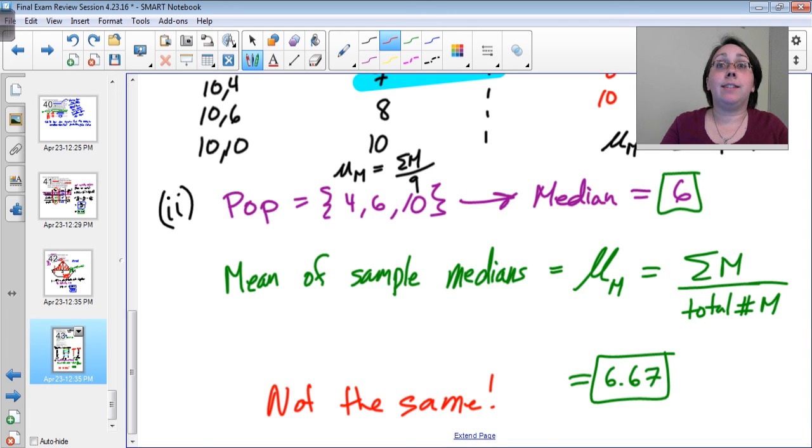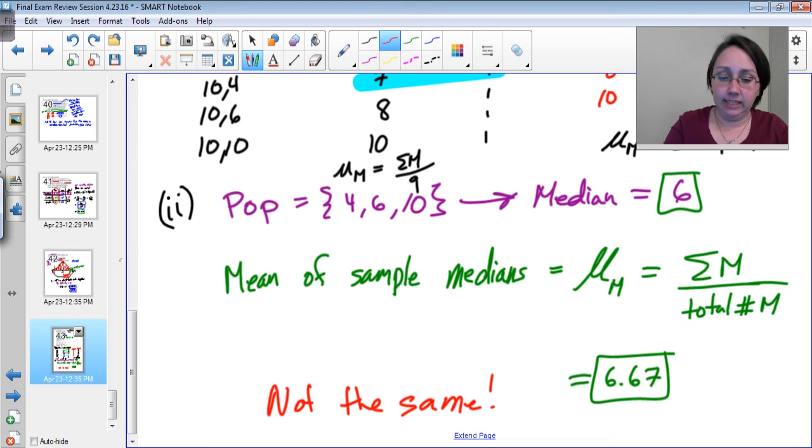The same. Do you know why, though? Because ours is the same. It's supposed to be a good indication. Good job. The mean is an unbiased estimator of the population mean, so the mean should equal. Median is a biased estimator, so it would not equal the population median here.